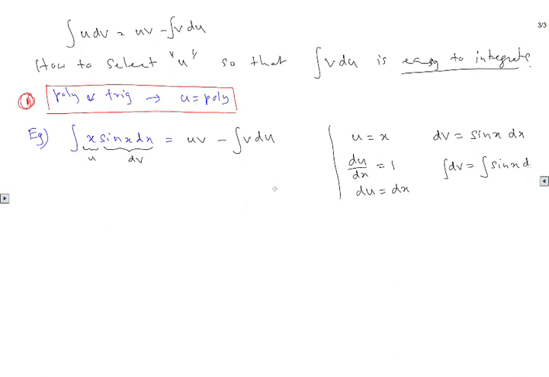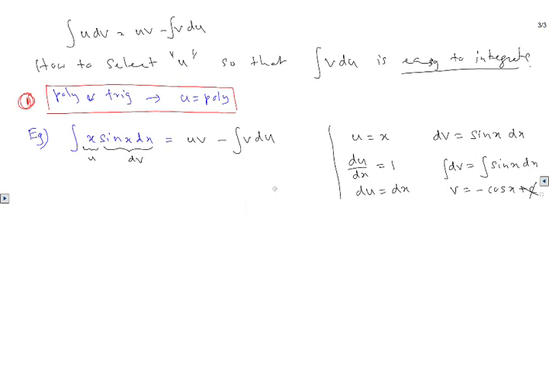That's what we do. If you integrate dv, v, the integral of sine, is negative cosine x. We do not add plus c here. That's very important. We just add that at the end.